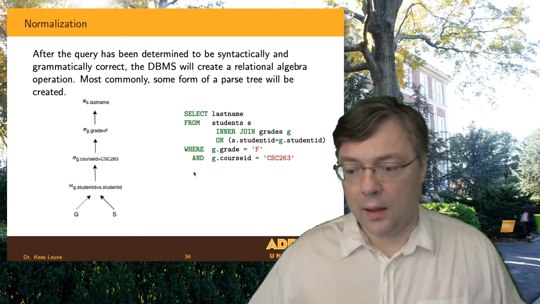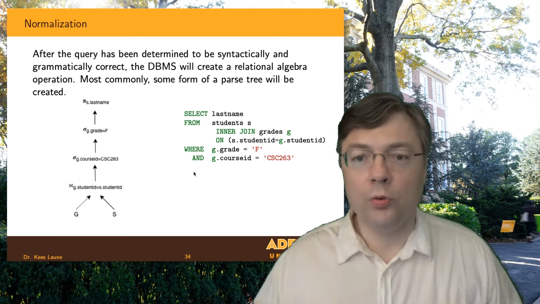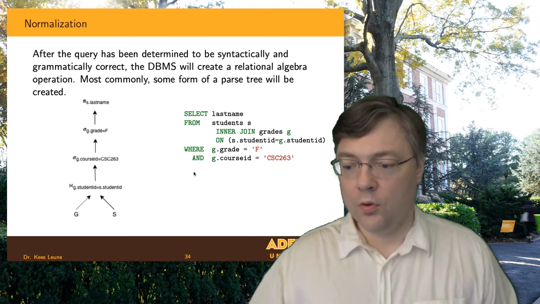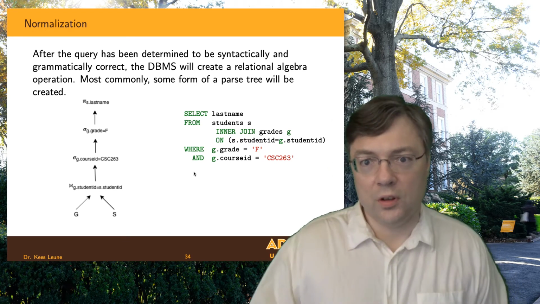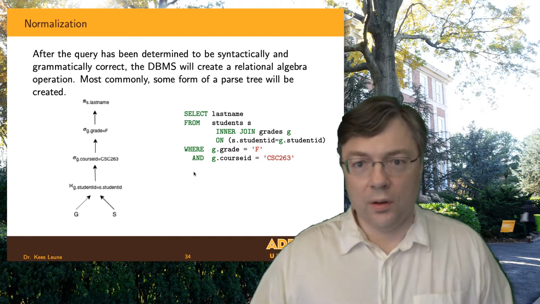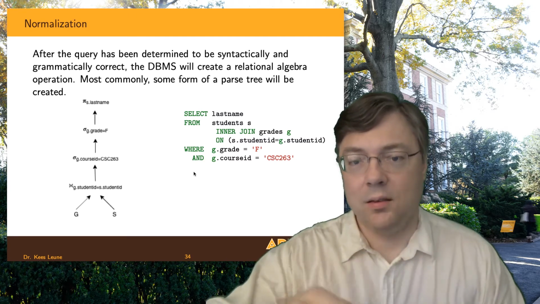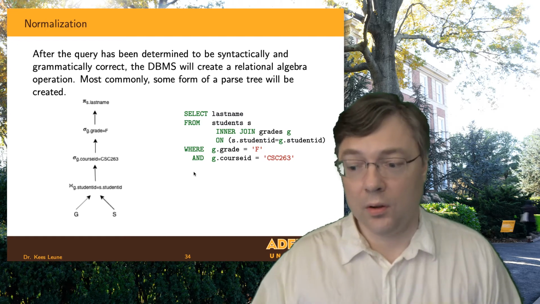So at that point we have a temporary virtual table containing all students and their grades with all of their details, which we are then going to reduce to only those courses of 263, and then further reduce that to only those courses that were given an F as a grade, and we're going to further reduce that to only display the last names of the people who received an F for that course.